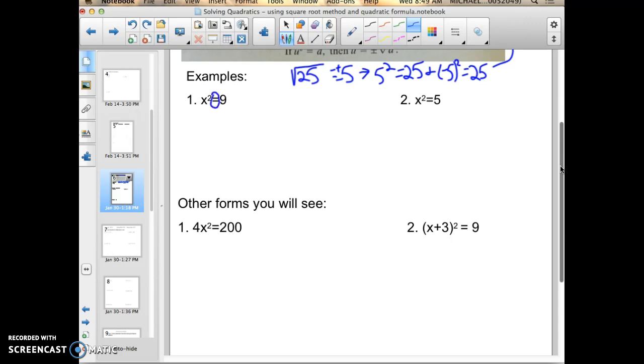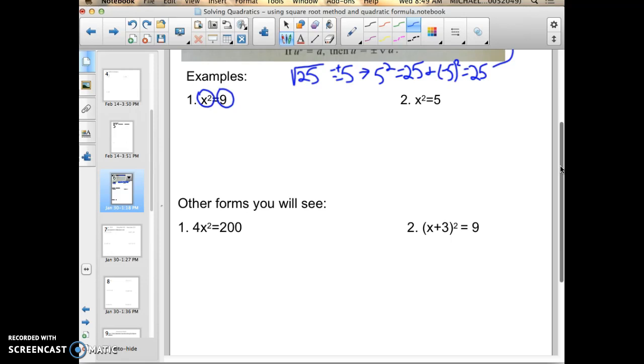But also, more importantly, there isn't a b term. There's the quadratic a term, and then there's a c term. Sometimes they'll be on the same side of the equation, like x squared minus 9 equals 0, and you could move it over to the other side.